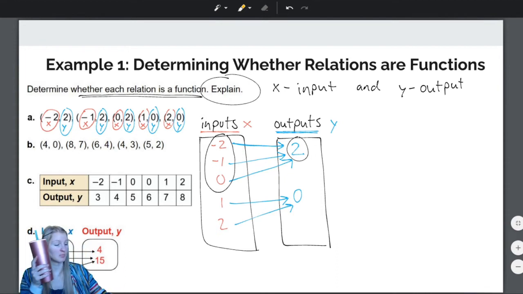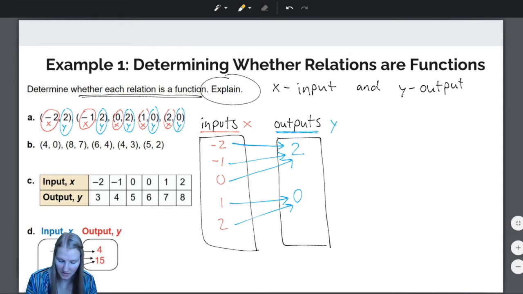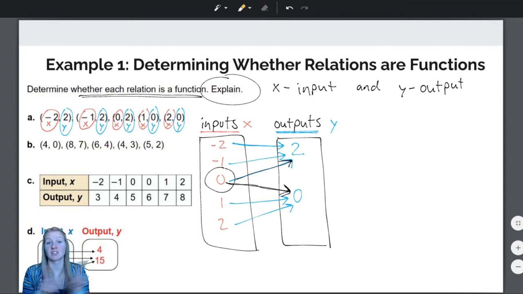That's fine. But one item cannot have multiple prices. So what you don't want to see is if this 0 was also pointing to the 0. If one number is pointing to 2 different numbers, that's not okay. Because now I have one item with 2 different prices. And that's not okay. That doesn't make sense.